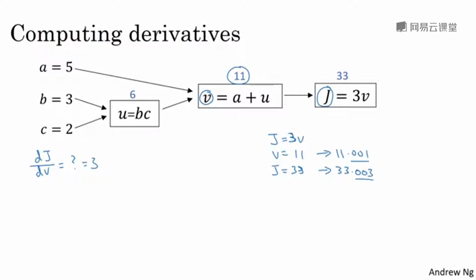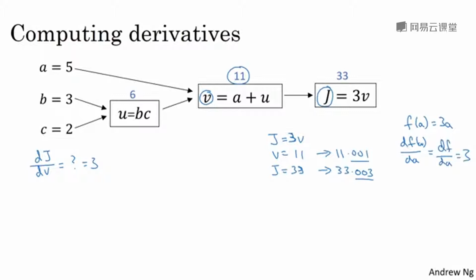And in fact, this is very analogous to the example we had in the previous video, where we had f of a equals 3a, and so we derived that df dA, with slightly sloppy notation, you can write as df dA was equal to 3, right?